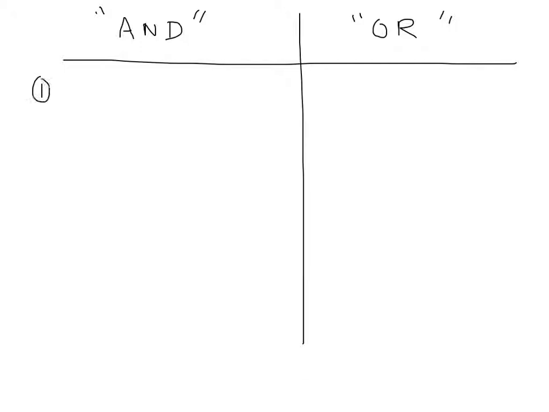The first type of solution for an and statement is where one solution to an inequality will face this way, and one solution will face this way. You're looking for where they overlap, where they cross, which would be right in the middle here.